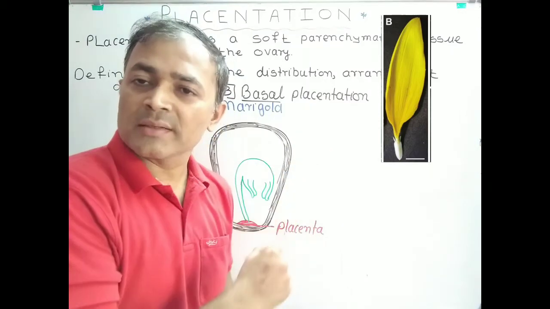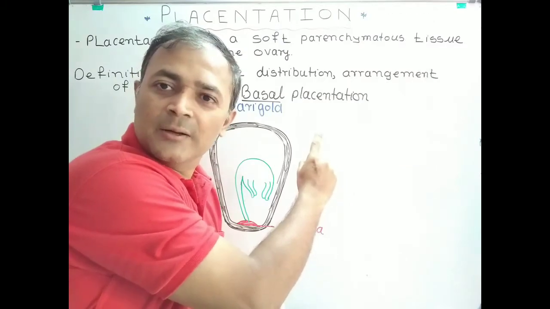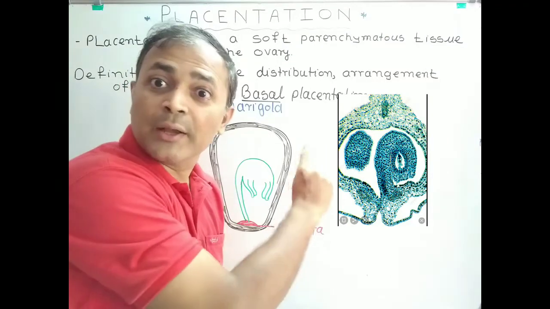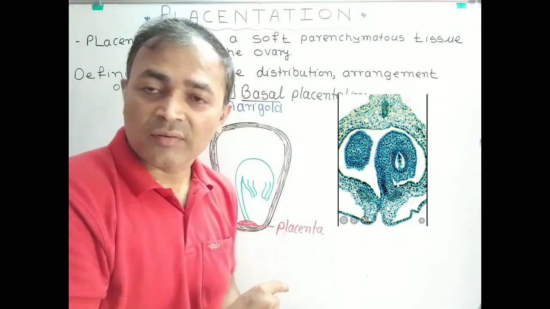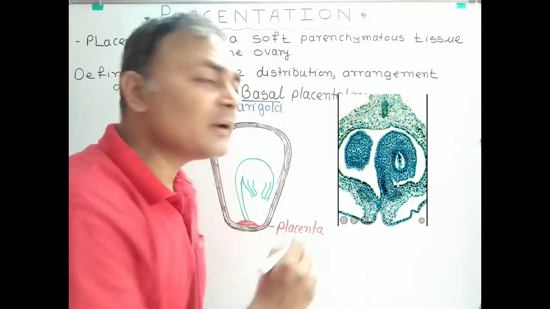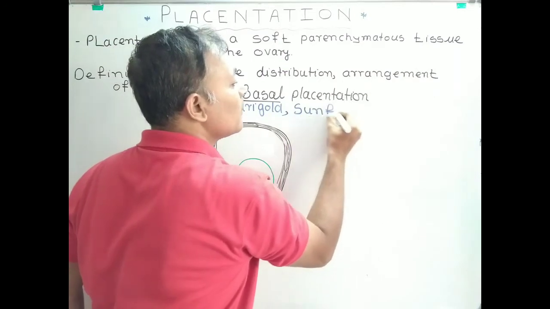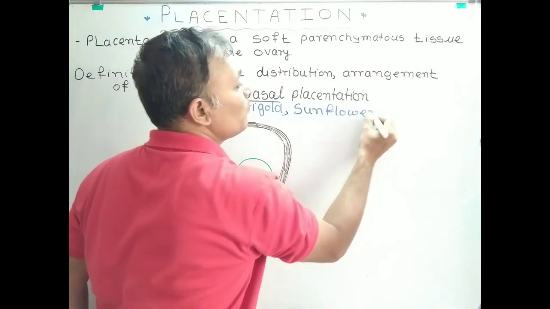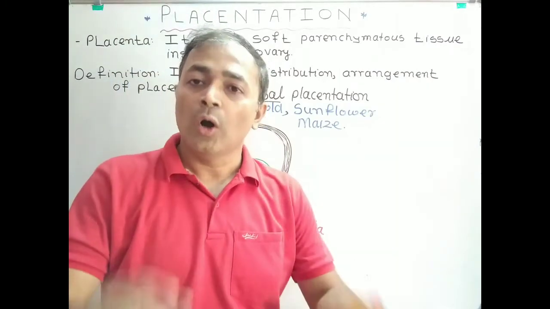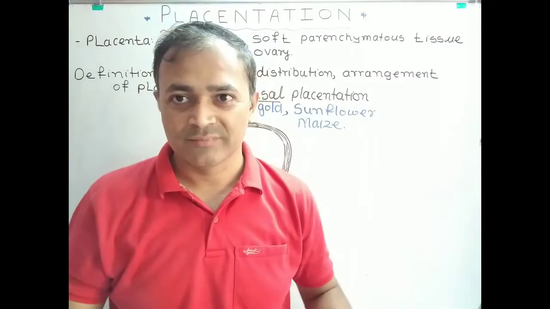Under microscopic examination, we can see here very clearly that there is a basal placentation. This is a microscopic photograph of basal placentation in marigold. Similar type of placentation is in sunflower, maize. Basal placentation is also done in unilocular ovary.